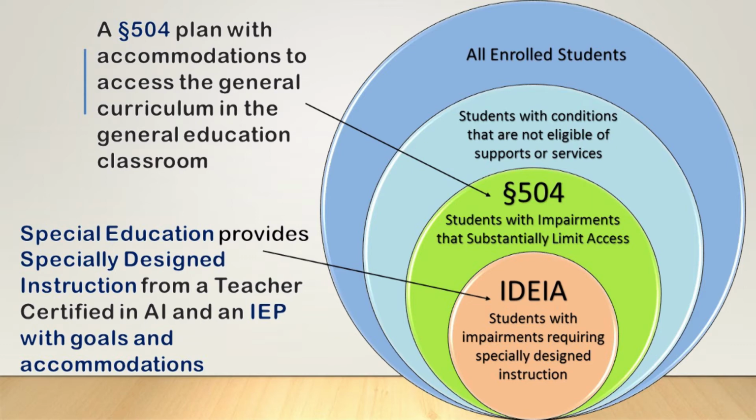This may include, but is not limited to, amplification devices and instructional considerations tailored to the student with an auditory impairment. If specially designed instruction is required for the student to access the curriculum and instruction, special education may become the foundational program to support the student based on their disability.